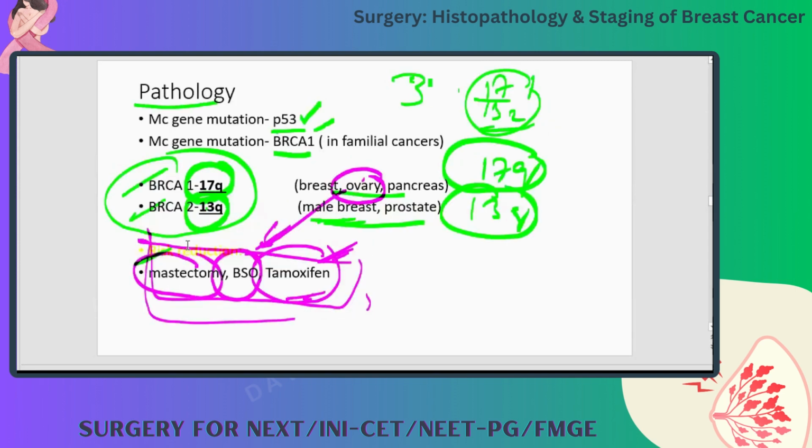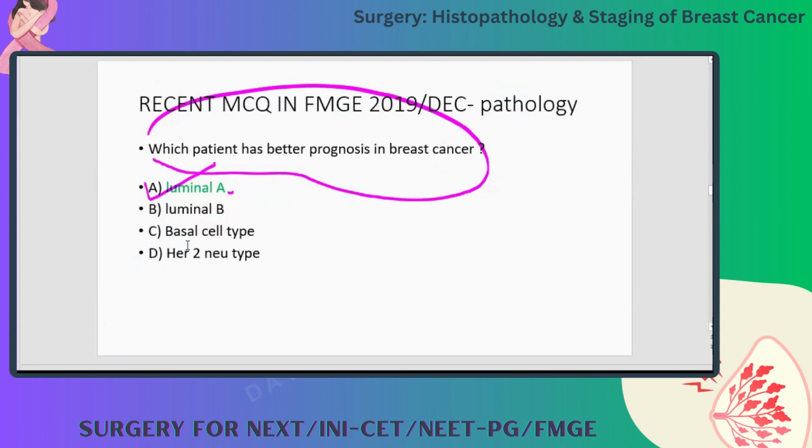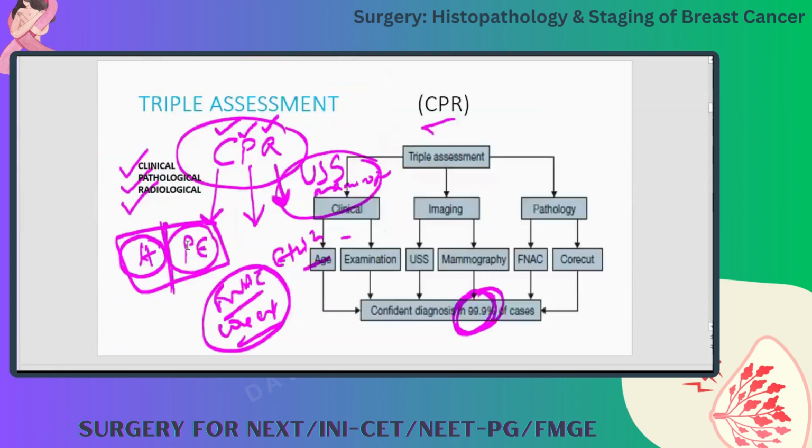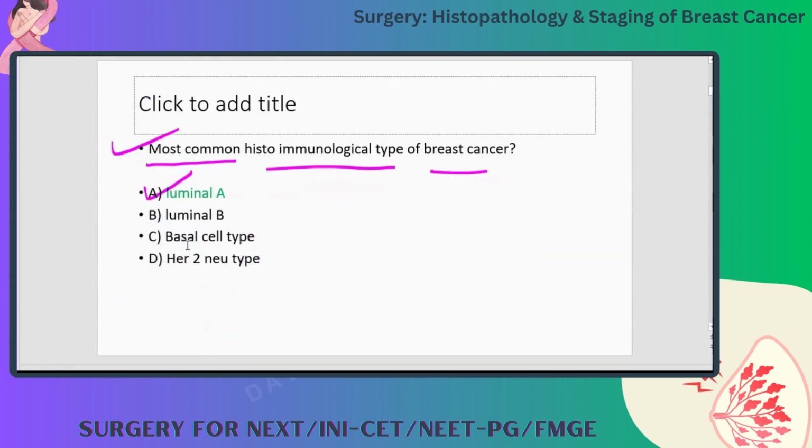Clear till now? So which patient has better prognosis in breast cancer? Luminal A. Yeah. Most common histoimmunological type of breast cancer? Luminal A. I will change the options: A, B, C: double positive, triple positive, triple negative.